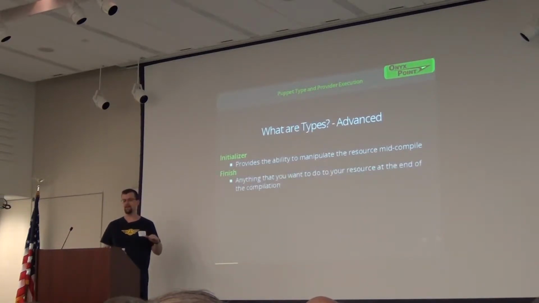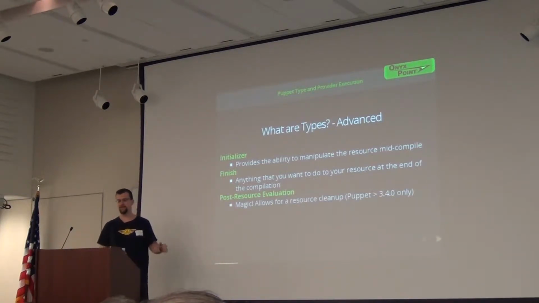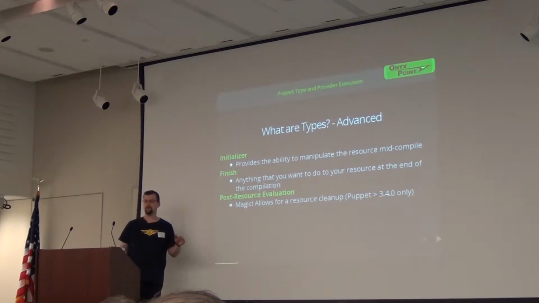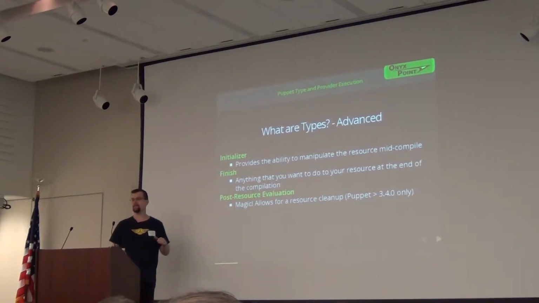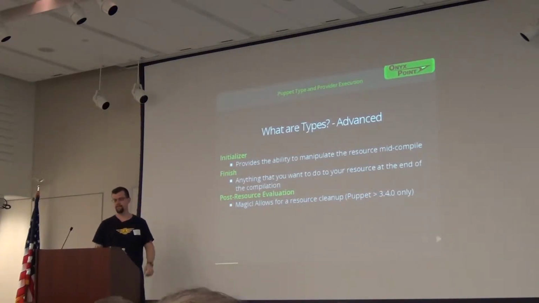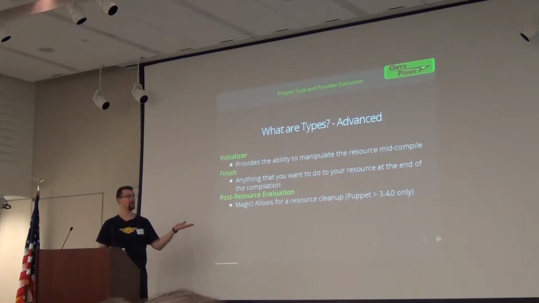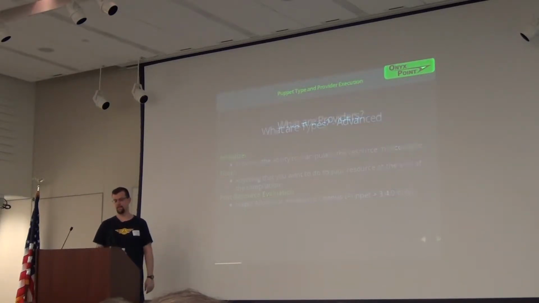There's a finishing statement, which is anything you want to do after your resource has been compiled. At that point, your resource is in the catalog, and you can adjust the catalog around your resource. And post-resource evaluation, which is brand new and allows you to do much better resource cleanup than in previous versions. This is available in Puppet 3, 4, and later.